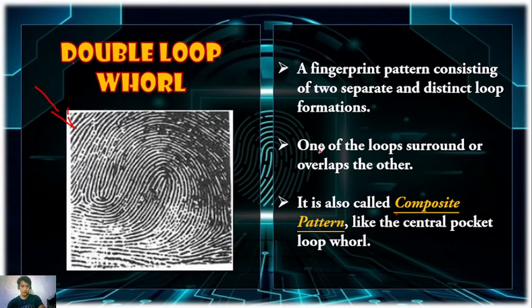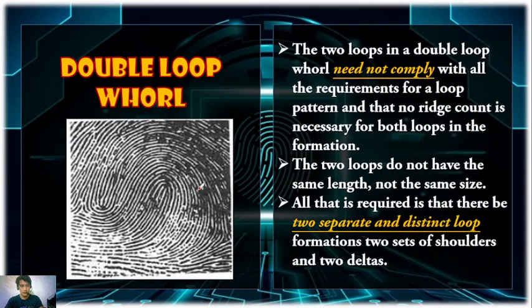But with that, one of the loops surrounds or overlaps the other. Kaya nasabi na composite pattern yan kasi it is formed inside another pattern. Kaya nasabing composite pattern siya. So with that, let's try to have here one by one the other characteristics of a double loop whorl.